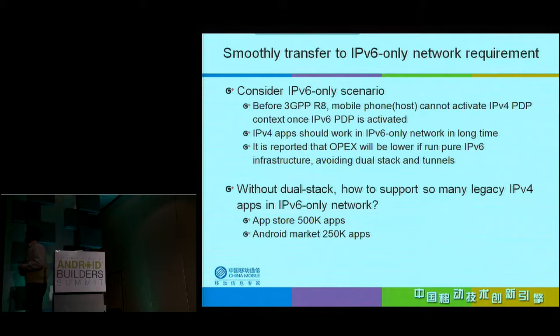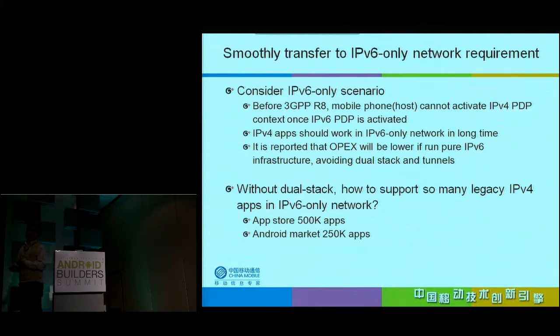China Mobile is now considering a smooth transfer to an IPv6-only network because there are some requirements. Before 3GPP R8, mobile phones cannot activate IPv4 and IPv6 PDP contexts together. So IPv4 applications should work in an IPv6-only network for a long time during the network translation from IPv4 to IPv6.